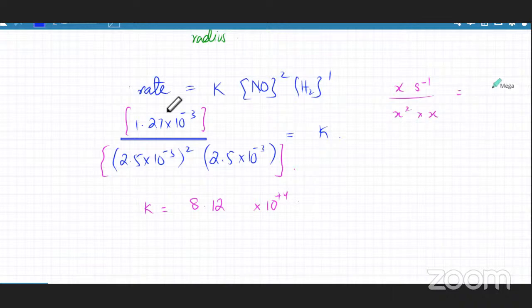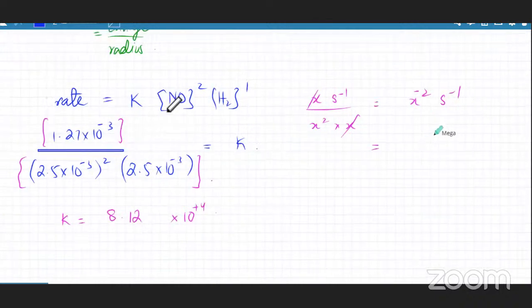So it's going to come out to be x to the power minus 2, s minus 1, and then substitute mole per dm cube, that would give you mole minus 2, dm to the power 6 and s minus 1. And a lot of people actually forget this s. Remember, rate is mole per dm cube per second. A lot of people make this mistake.